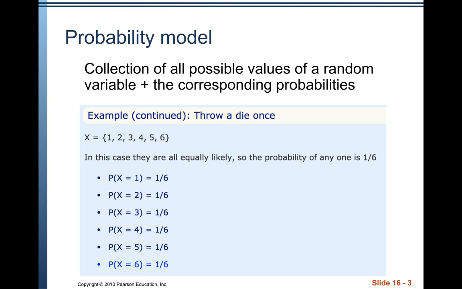Going back to the die example, this would be a probability model for that. Our possible values for a die are one, two, three, four, five, or six, and each individual probability is one out of six, because the probability of each individual outcome is one out of six.